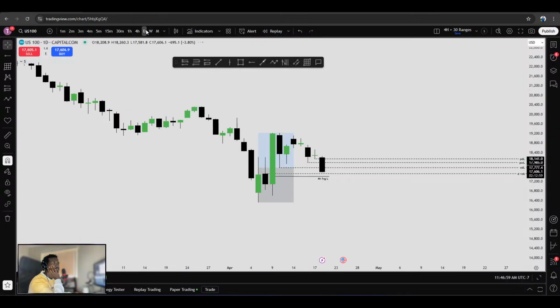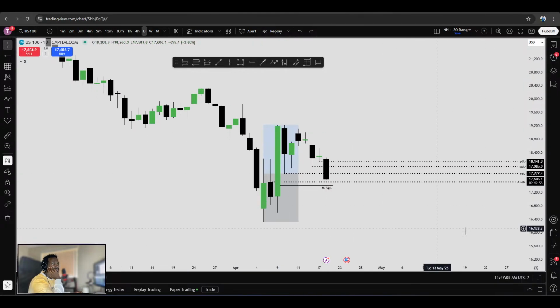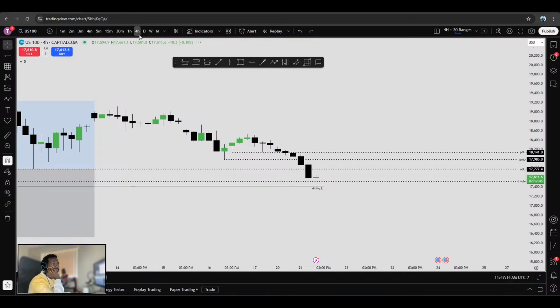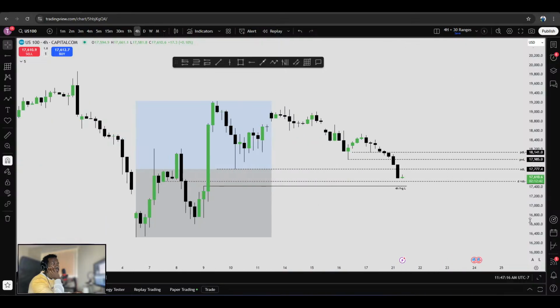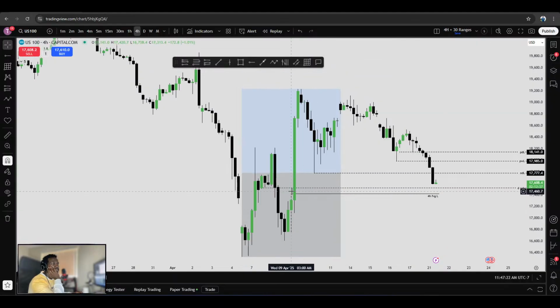I already know that we are in the discount, so I'm looking for prices to go up, and then probably come and close that 4-hour fair value gap low. I can't quite know what term to use there, so we'll just use what I have, but all that means is just the low of that 4 hour.